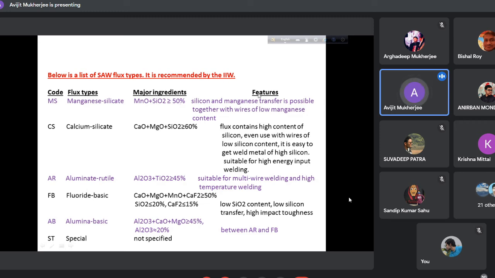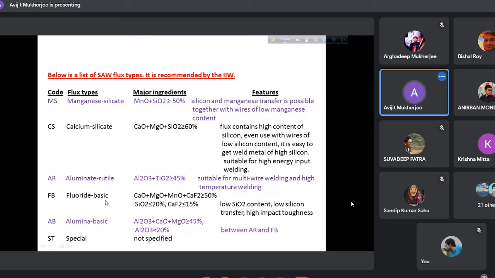And what are the features? Silicon and manganese transfer is possible together with wires of low manganese content. There are many more, like calcium silicate. Major ingredients: calcium oxide, magnesium oxide, silicon oxide, greater than 60%. Similarly, AR means aluminate rutile, where ingredients are Al2O3, aluminum oxide, plus titanium oxide, TiO2.